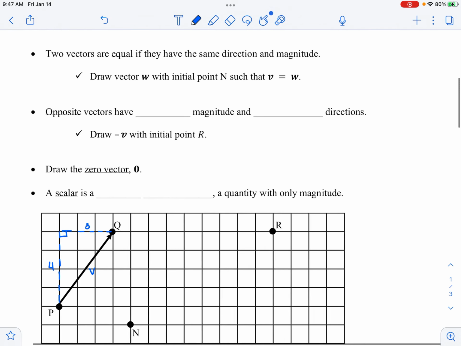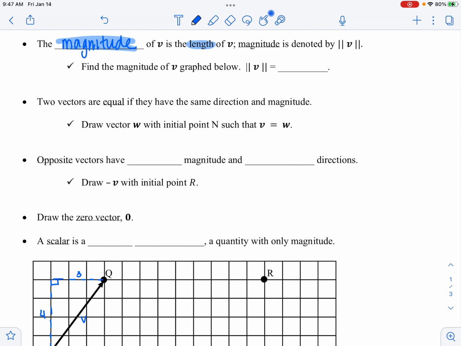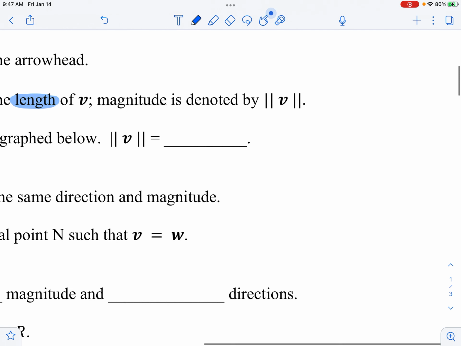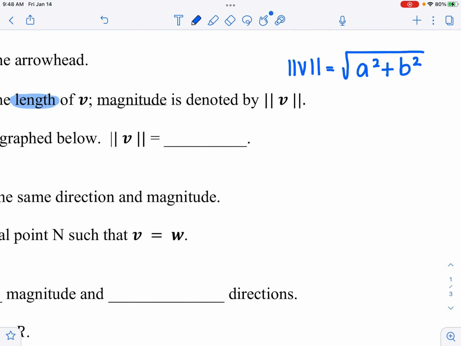In order to do that, we would do 3 squared plus 4 squared equals V squared, and square root. So instead of doing that, to find the magnitude, all you have to do is take the square root of a squared plus b squared. Instead of doing a squared plus b squared equals c squared and then square rooting both sides, I call it V for vector, and I'm going to square root both sides already.